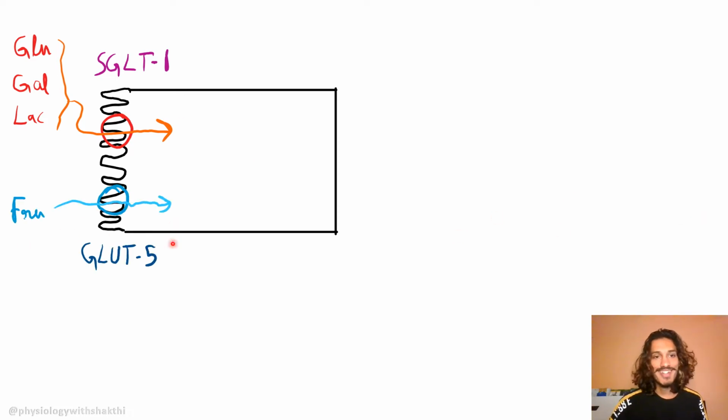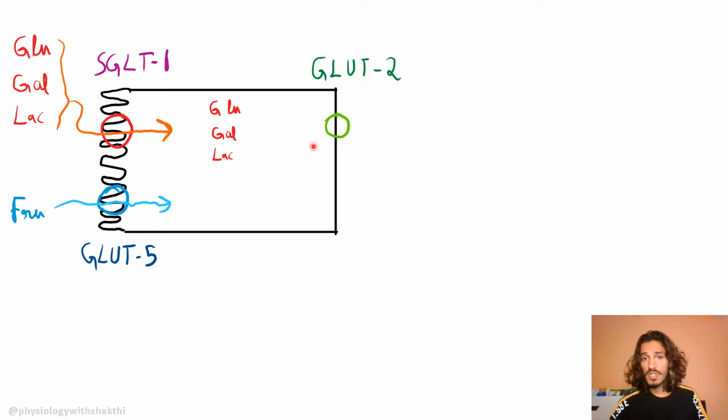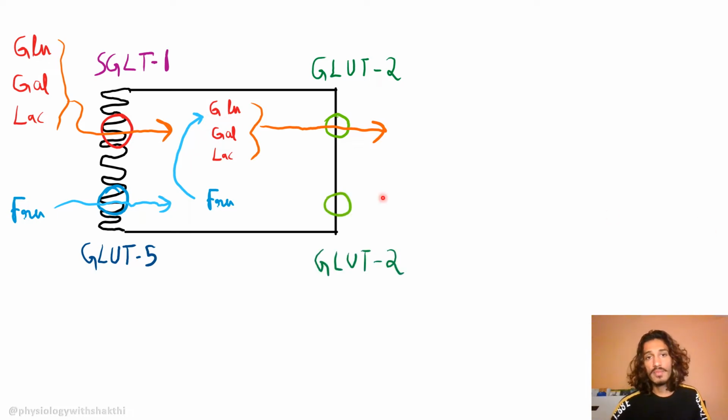Fructose, as I had mentioned earlier, goes through GLUT5, and this is facilitated diffusion. After this, the glucose, galactose, lactose, as well as fructose, all of this goes out through the basolateral segment through GLUT2. So fructose, once it goes inside, either can get converted into glucose, or it can directly go out.